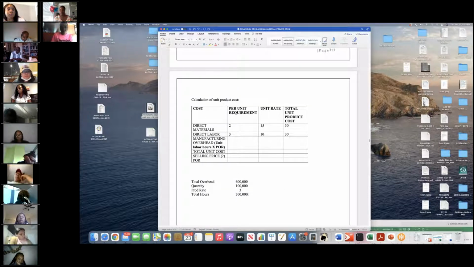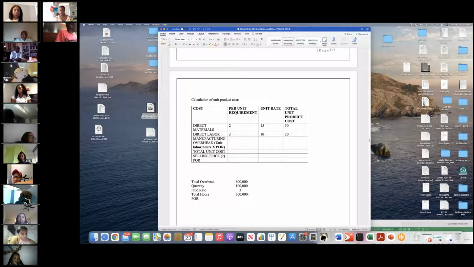And so what we're going to do is come up with a predetermined overhead rate, which is called a POR. And that overhead rate is going to be based on dividing the total overhead by the total hours. We're going to divide the total overhead by the total hours. And so we're going to get a predetermined overhead rate of 2.